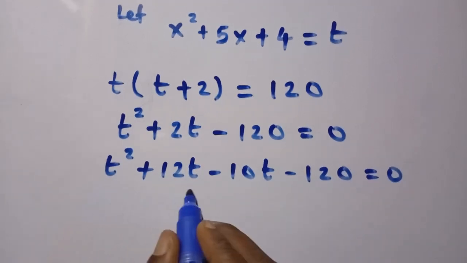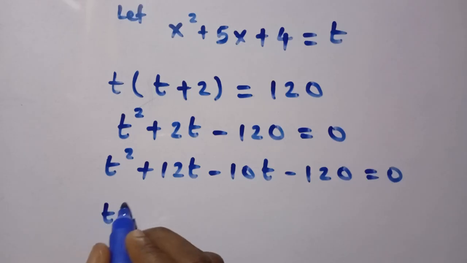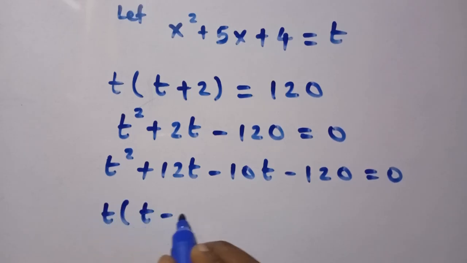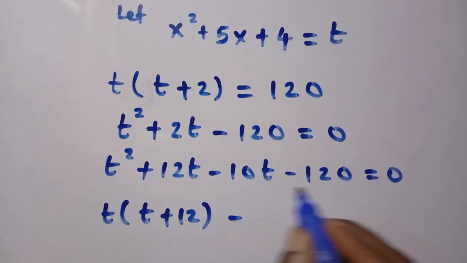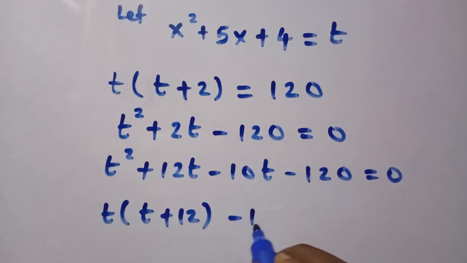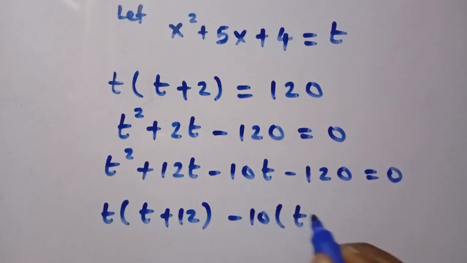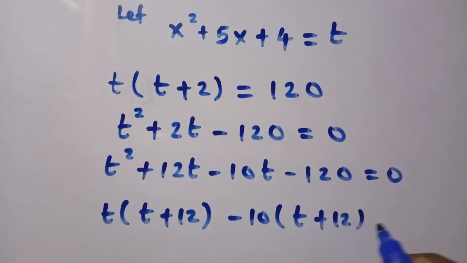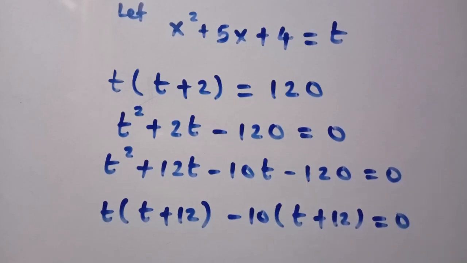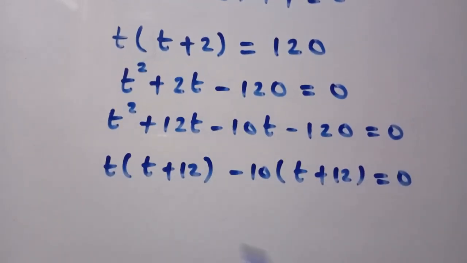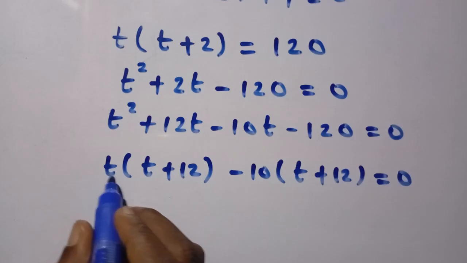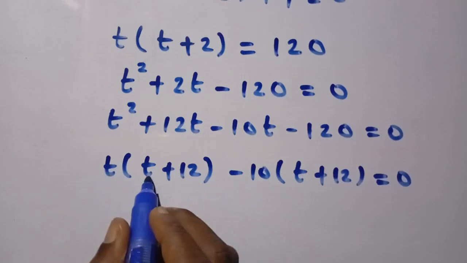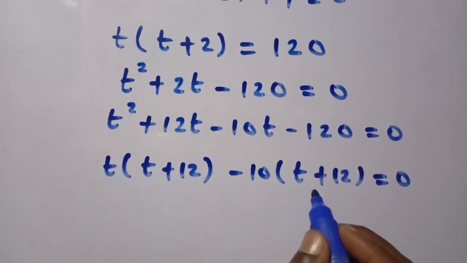So when we pair this together, we have t into bracket of t plus 12. And also this, we take out 10, so we have minus 10 into bracket of t plus 12 equals 0. So we pair t and minus 10 because t plus 12 is common.